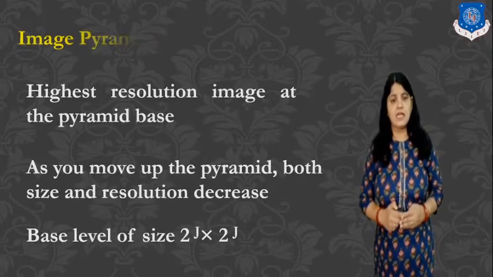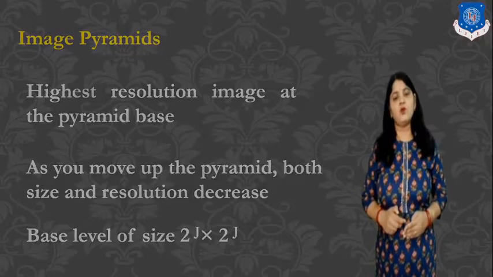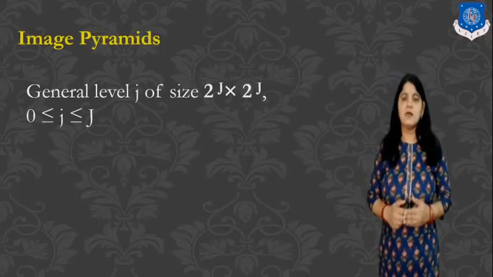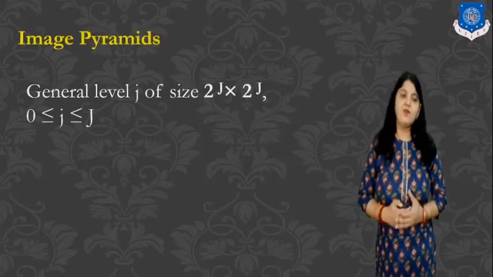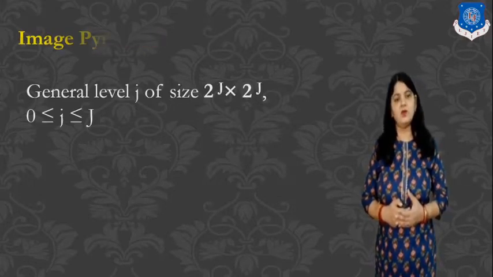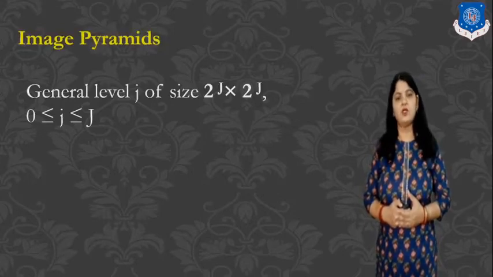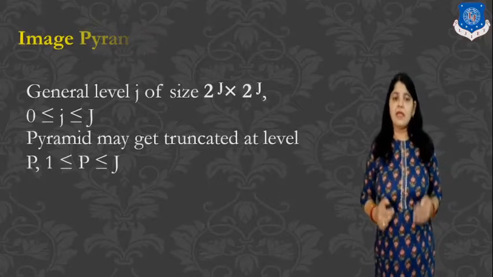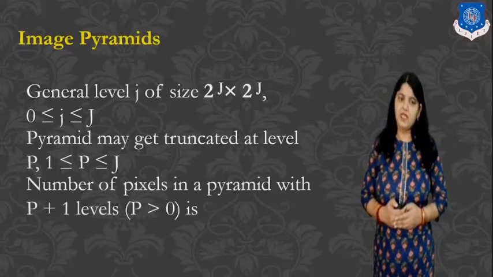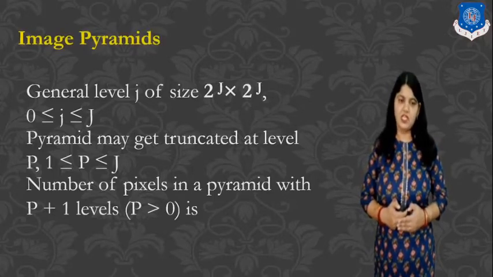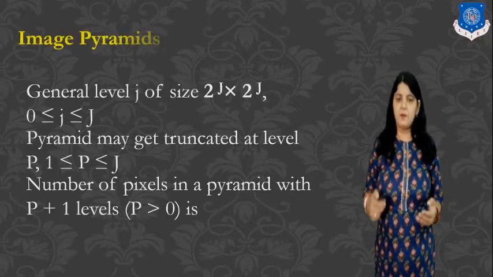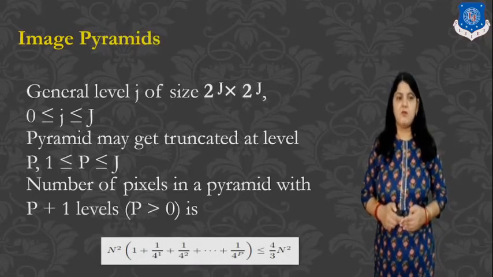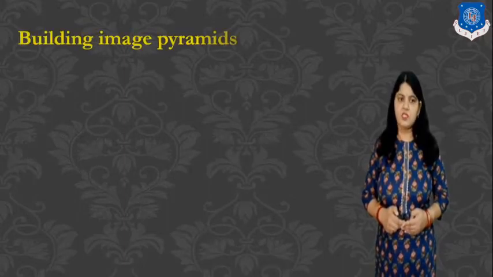The base level is of size 2 raised to J by 2 raised to J. The general level j is of size 2 raised to j by 2 raised to j, where 0 is less than or equal to j, which is less than or equal to the capital J. The pyramid may be truncated at a value P between 1 and J. The number of pixels in a pyramid with P plus 1 levels can be defined by this particular equation.